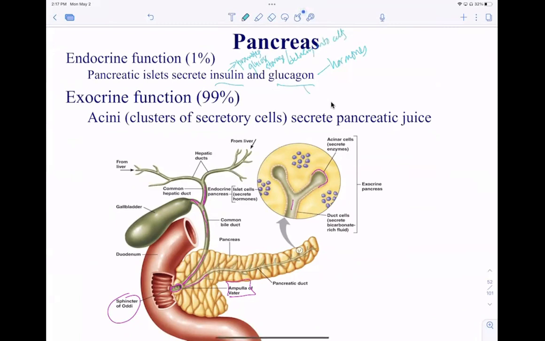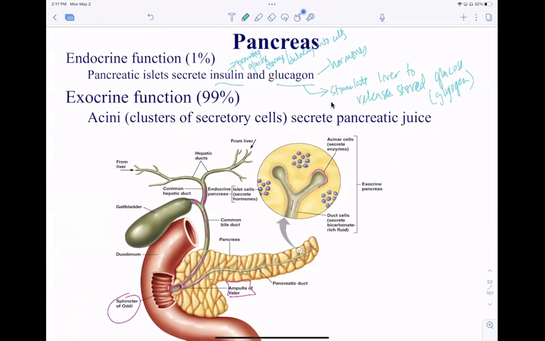And glucagon is a hormone that stimulates the liver to release stored glucose. It's stored as glycogen, and it just breaks down that glycogen and releases glucose. So if your blood sugar's low, glucagon gets released. If your blood sugar's high, insulin gets released.